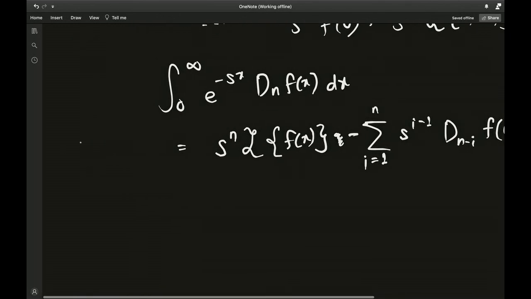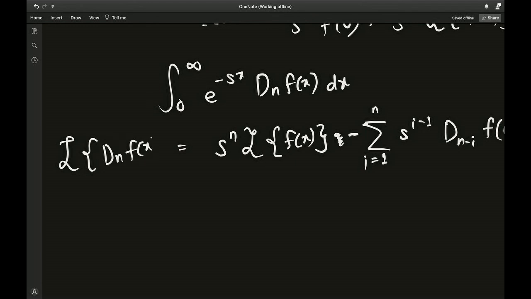That's the general form of the Laplace transform of the nth derivative of f of x. Believe it or not, that's the general form.